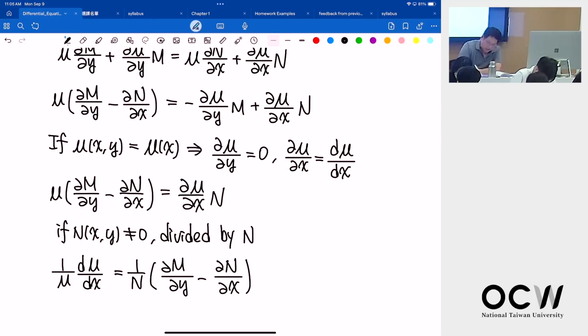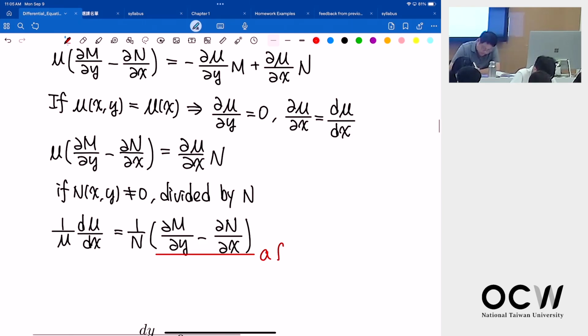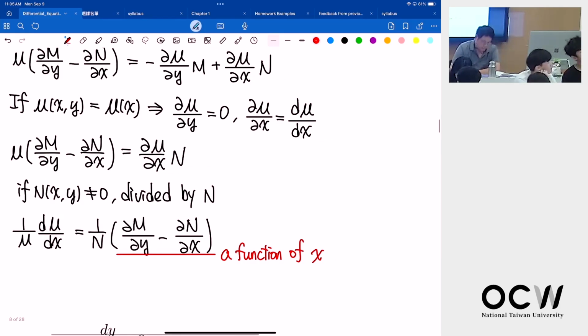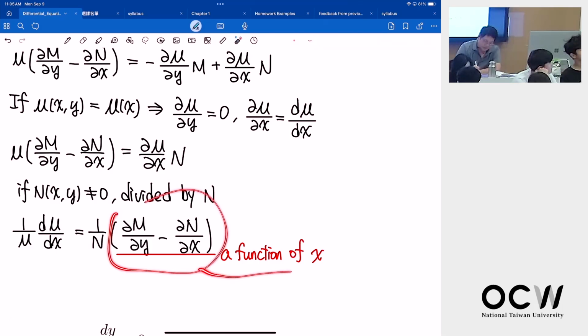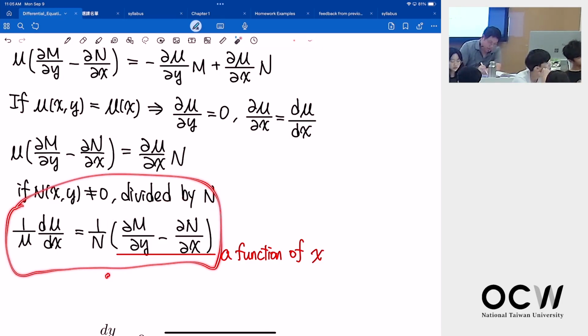And you will see that this is a function of x. Since this is a function of x, then this differential equation is separable.